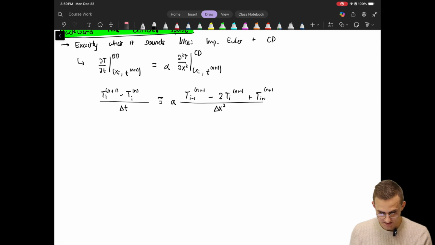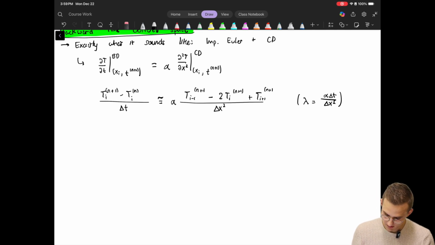So what we end up with is the following, and let's let lambda equal alpha delta t over delta x squared as before. Okay?